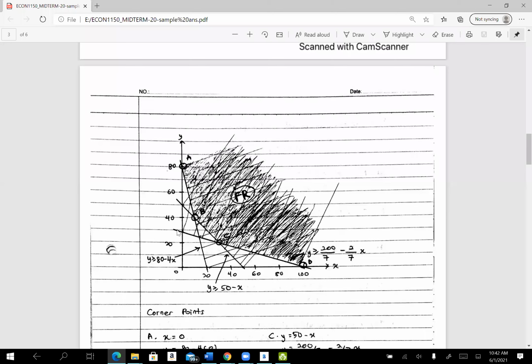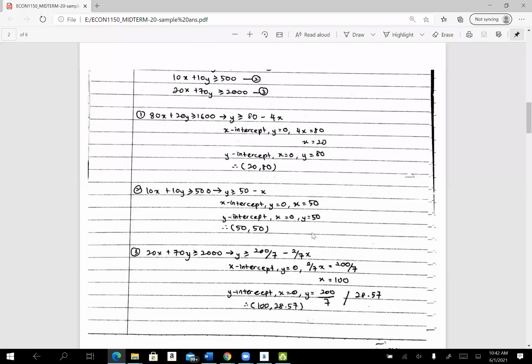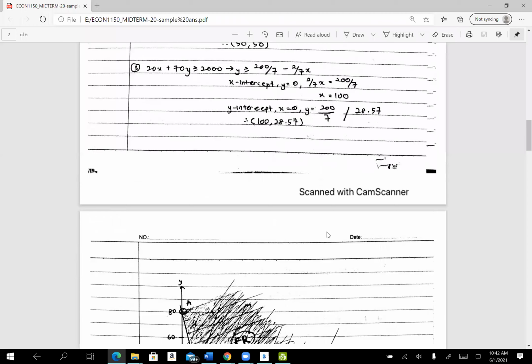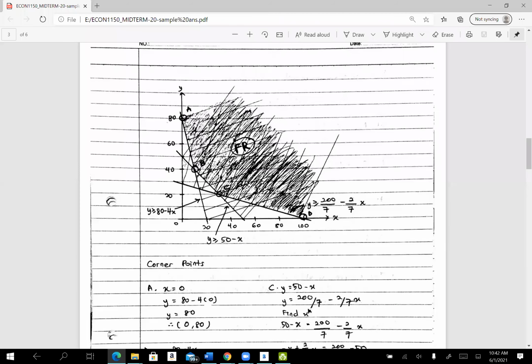Okay, and then here will correspond to inequality number 2. Number 2, you have the intercepts 50, 50. So 50, 50 is this one and that one. Okay, and then you have the third inequality with this intercept.